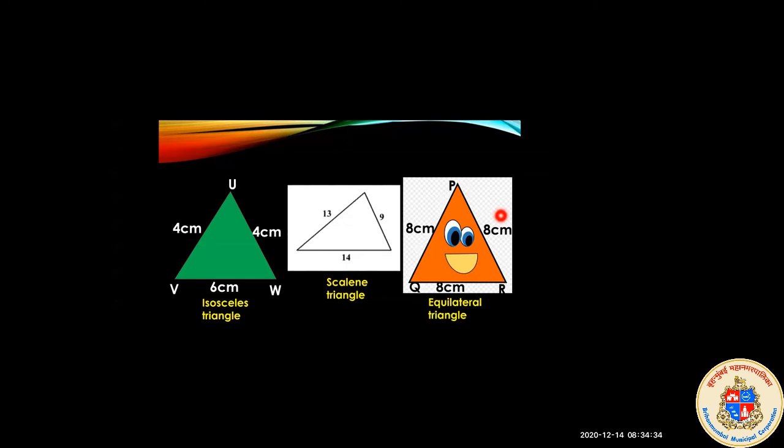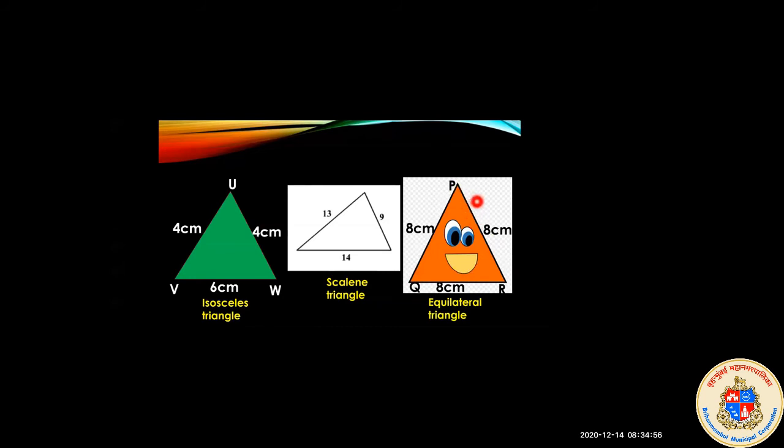Equilateral. Yes, it is an equilateral. But what is the name? P, Q, R. This is PQR. Now, when you are reading a triangle, you have to read like this: triangle PQR.